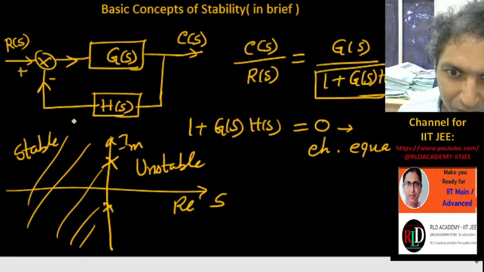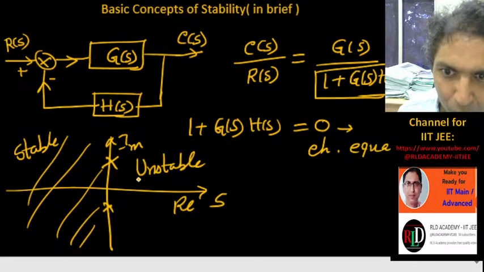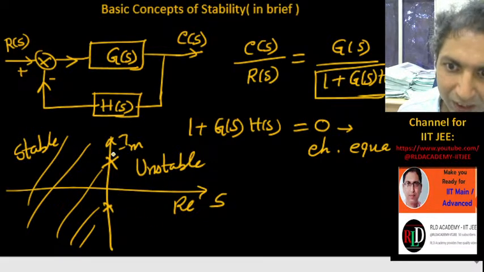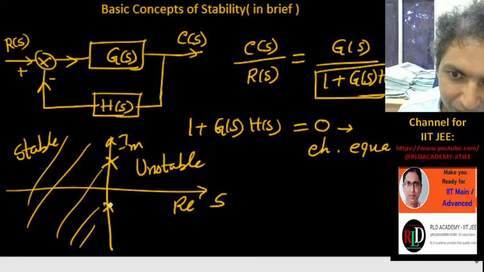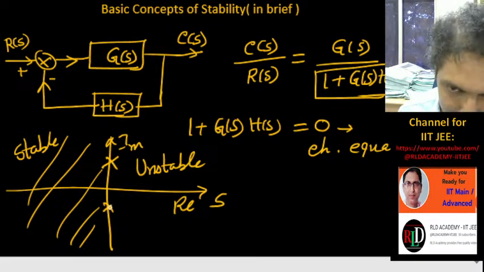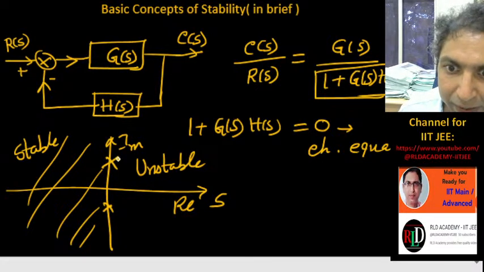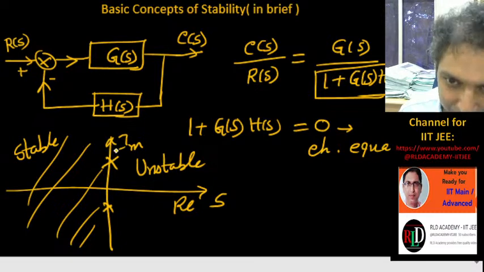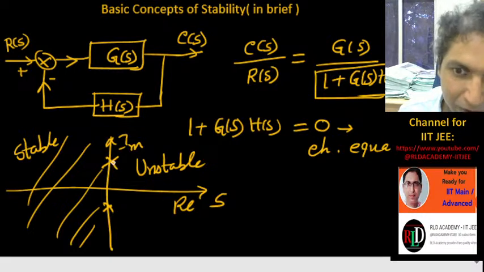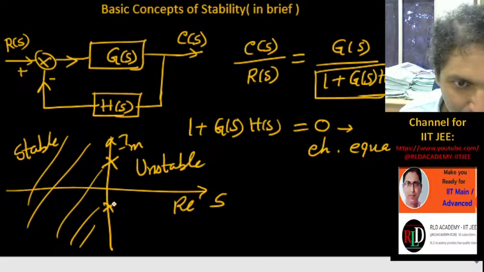If all the roots are on the left hand side, it is perfectly stable. If we find at least one pole on the right hand side, it is unstable. And if we find poles on the imaginary axis, it is called marginally stable or critically stable, or conditionally stable. Is it right? Now it should not have any multiple poles on the imaginary axis, otherwise it will become unstable. That also you should take care of. You should not have multiple poles.